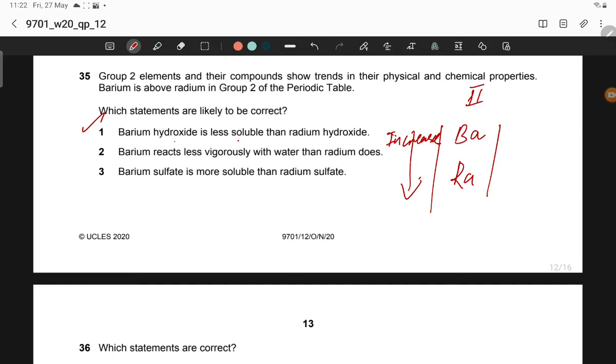Barium reacts less vigorously with water than radium does. Yes, this is also correct because reactivity increases down the group.